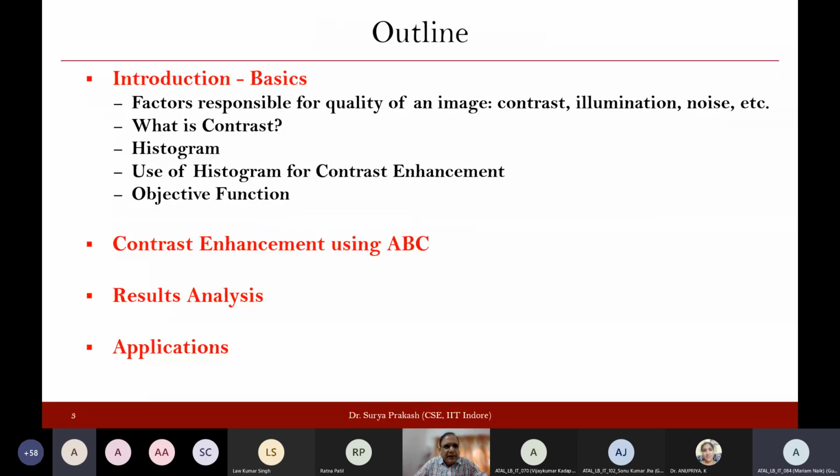So this is the way we will go with this talk. First we'll see some basics, the introduction part of this talk, and then we'll see the role of ABC in enhancing the contrast, or how ABC can be used for enhancing the contrast.